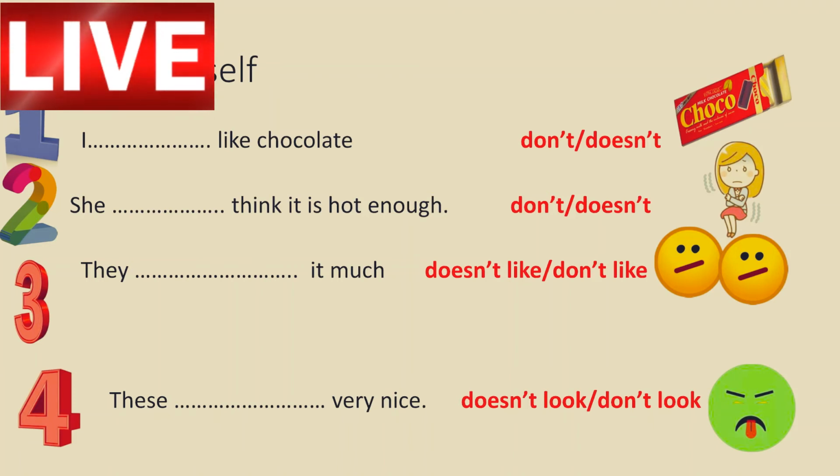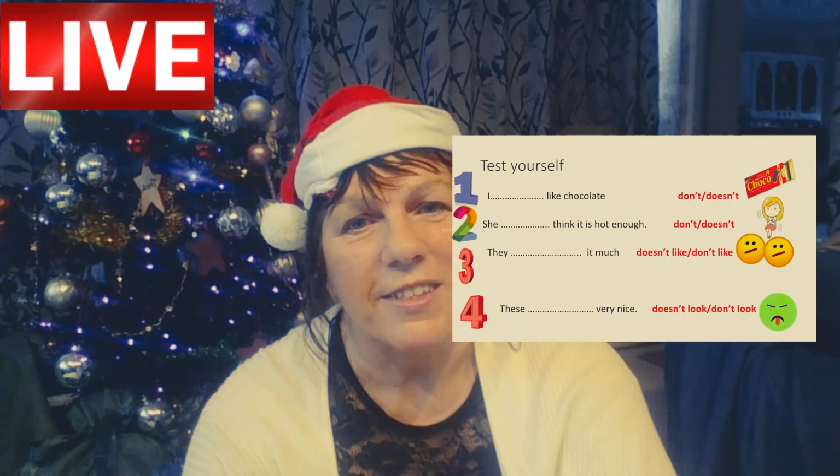Please write doesn't look or don't look, that's the words missing from that sentence. These doesn't look, don't look, very nice. Which words have you written down? Now, are you ready to check your answers?